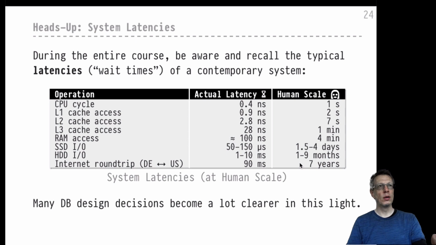Many design decisions in database systems become a lot clearer if we keep this table of latencies, waiting times, and the transfer speeds that we are measuring in mind. Okay, so that concludes our discussion of these transfer speeds and waiting times in the different storage media that our database systems will be operating over.